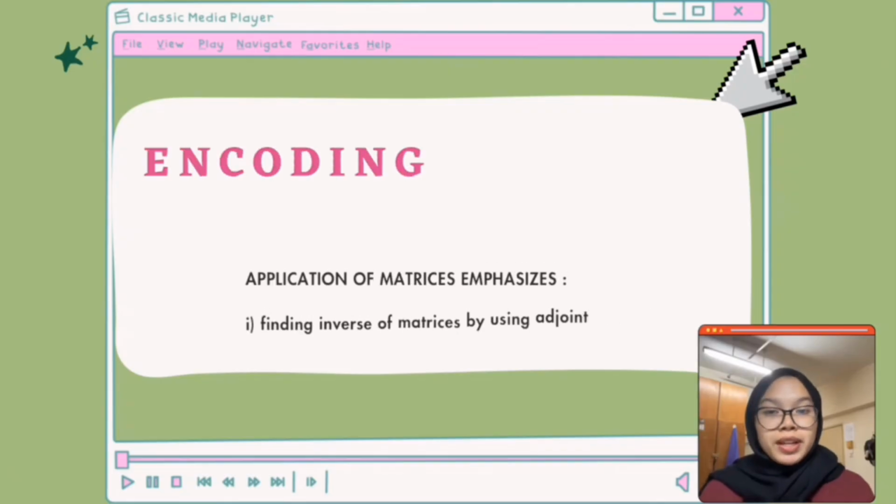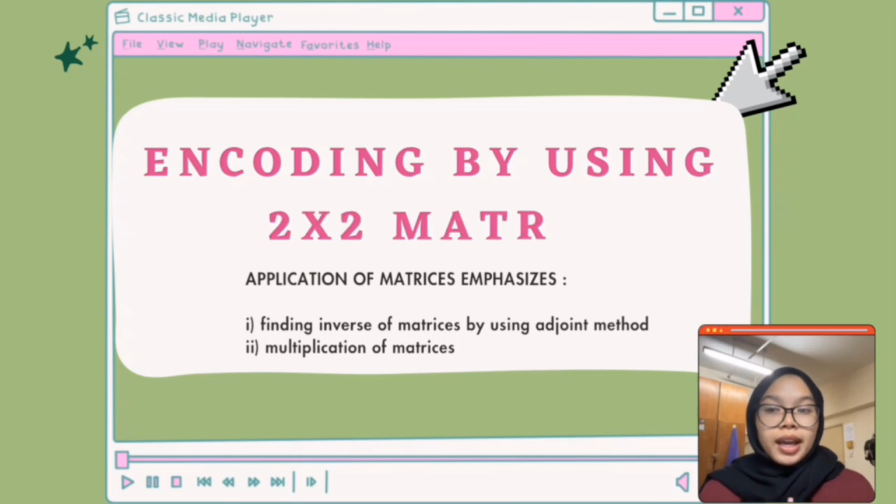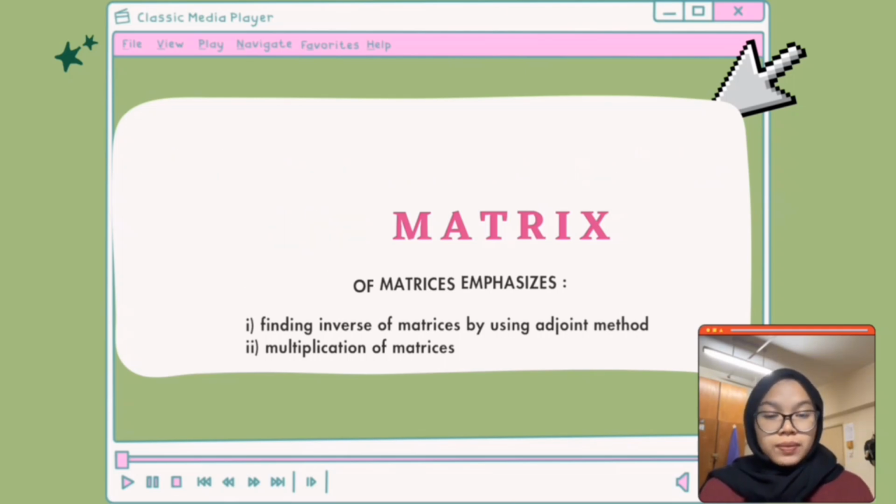So I will be presenting on encoding and decoding messages using 2x2 matrices. In this session, we will discuss how to apply matrix transformation to encode and decode data. This involves concepts such as matrix multiplication and the adjoint method for finding the inverse for message representation.